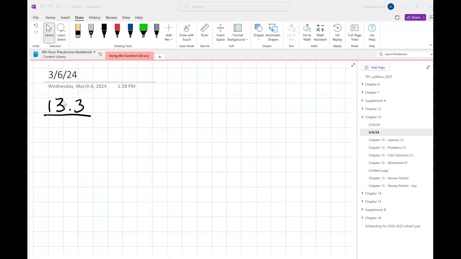So today we're going to finish up chapter 13. In chapter 13, we've been talking about finding the zeros for polynomials, right? So last time we looked at how to do this purely algebraically, where we could use quadratic factoring and greatest common factor in combination to still find the zeros for polynomials.